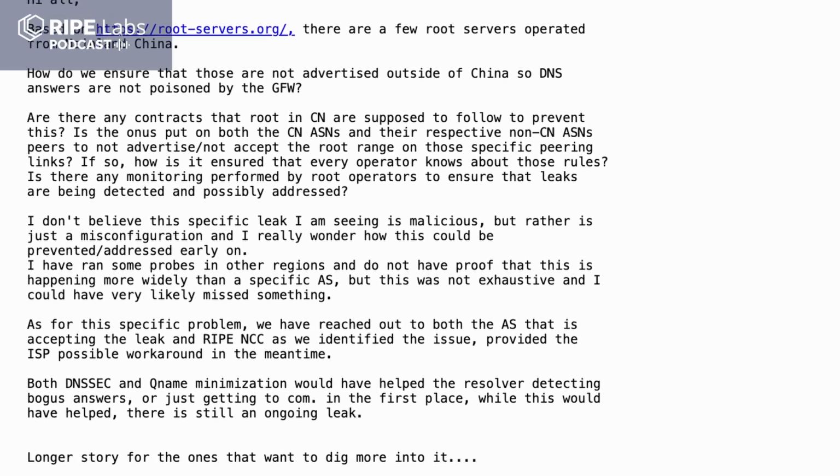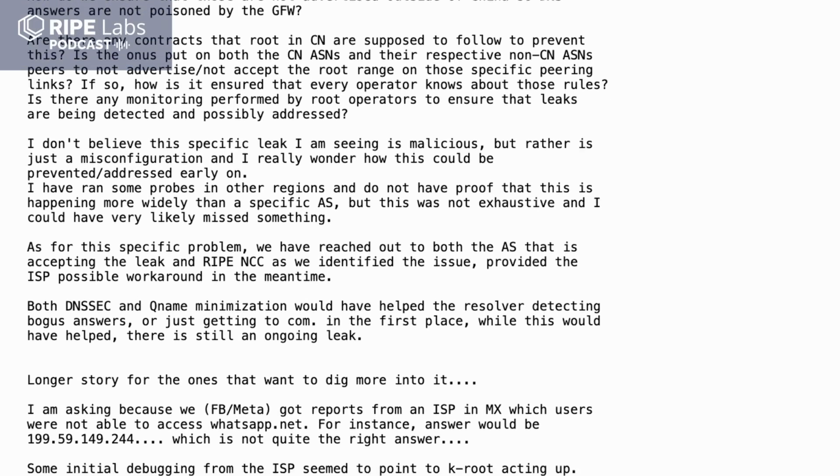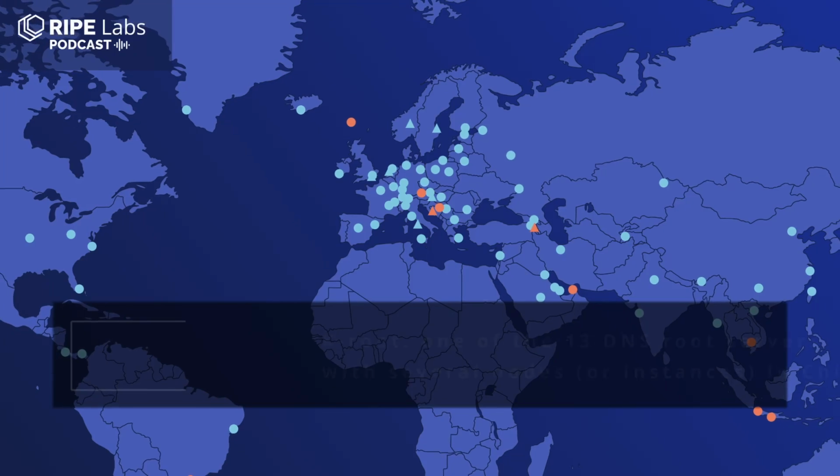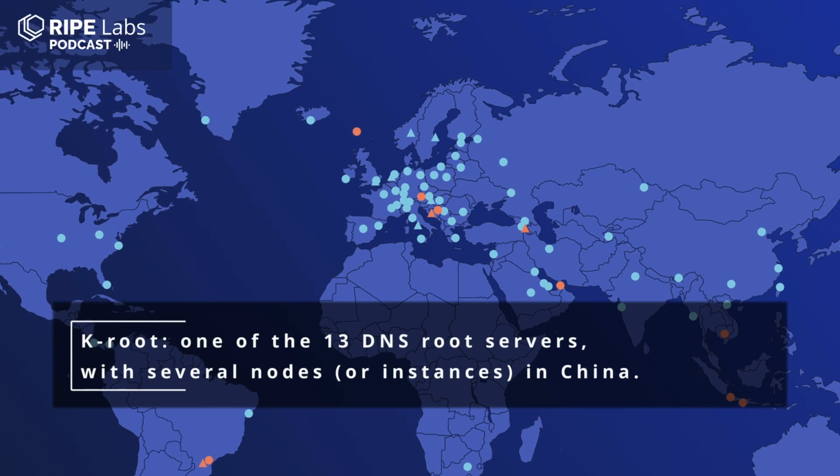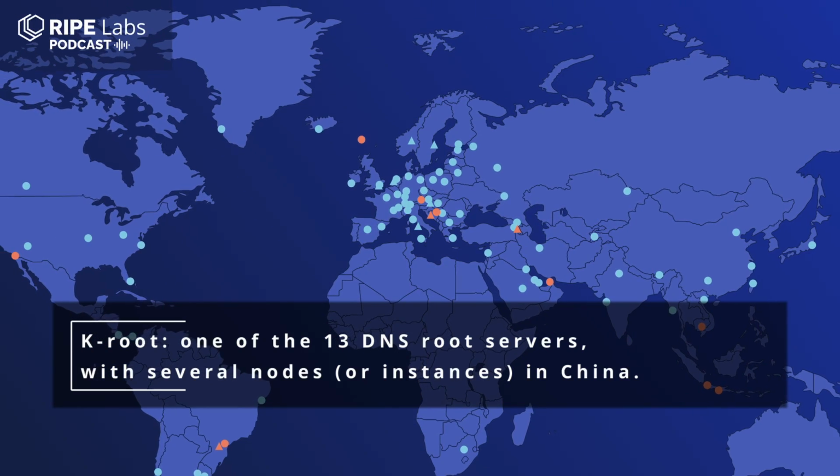To get to their authoritative reply, they were sent to the K-root in China and got an incorrect authoritative response from the K-root in China. But it was not actually coming from the K-root in China; it was middle boxes that were responding. So that's what he found, right?